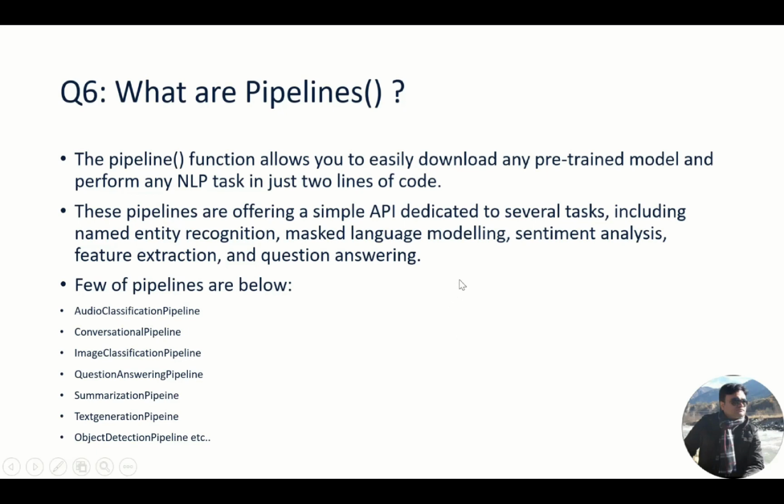So these kinds of models are also uploaded to Hugging Face and we can use them. A few of the pipelines are as below: audio classification pipeline, conversational pipeline, image classification pipeline, question answering pipeline, summarization pipeline, text generation pipeline, object detection pipeline, and many more. You can use any of these pipeline models for your project purposes.